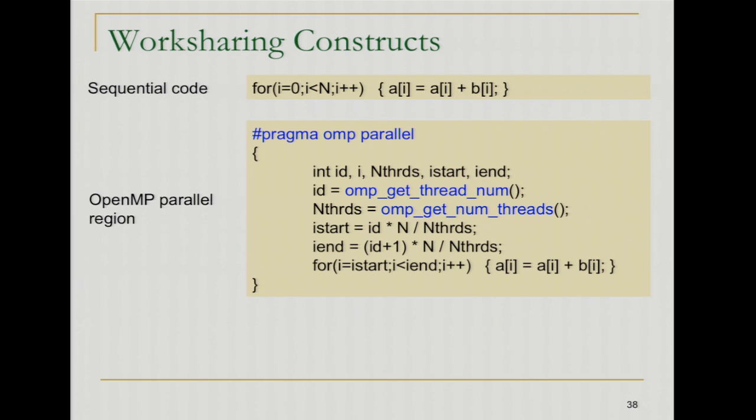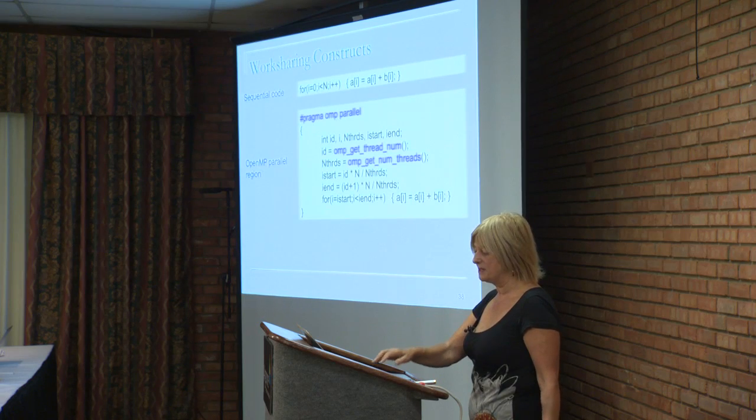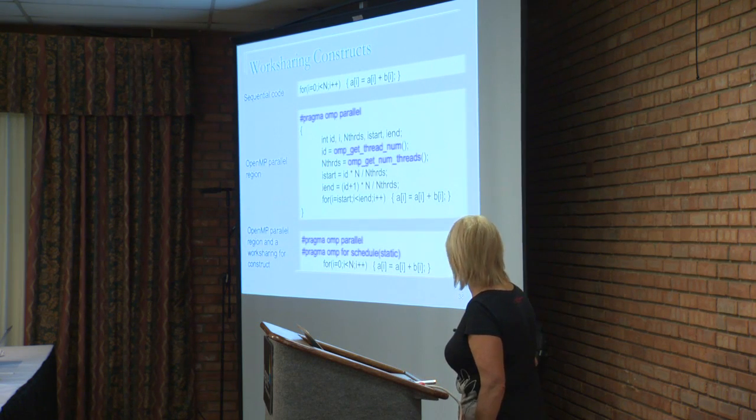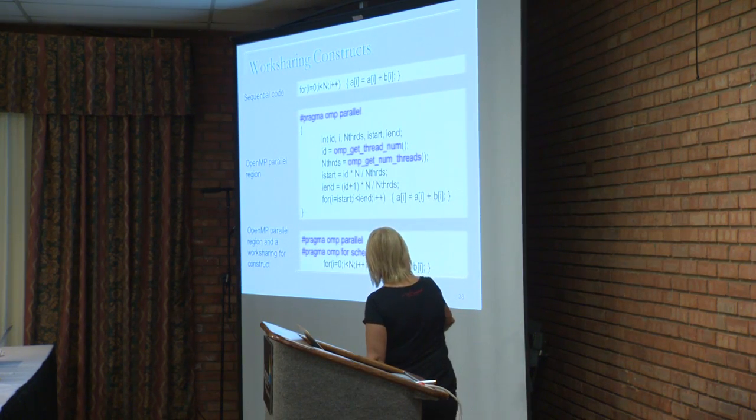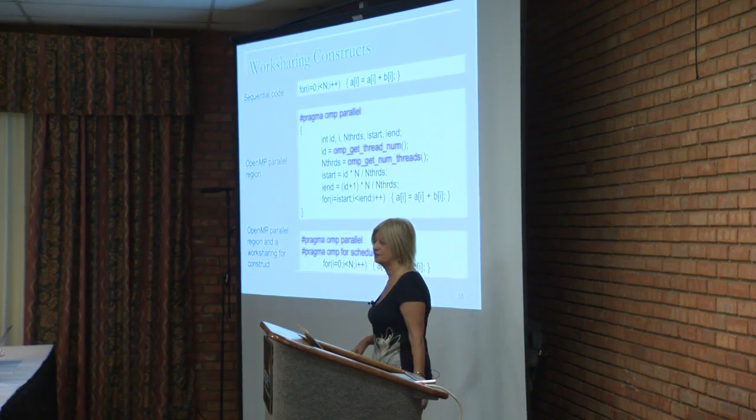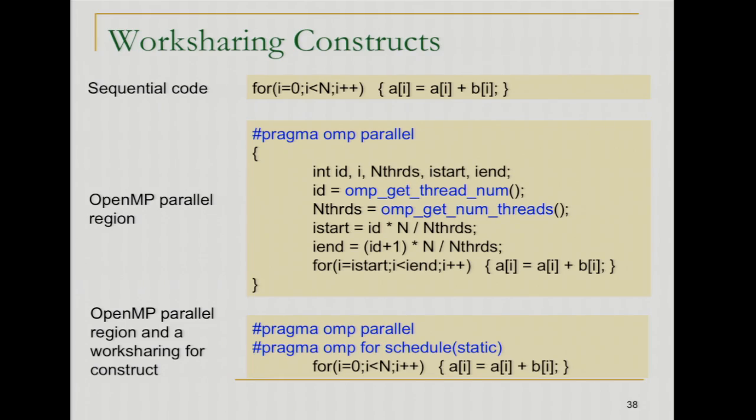But of course, this kind of thing is very, very common. So if it's common, you'd like it to be easy. And to make that easy, OpenMP has another directive, which is an OpenMP do in Fortran, or an OpenMP for in C, which tells the implementation that you want this to be executed in parallel.